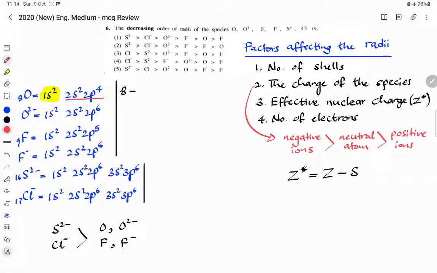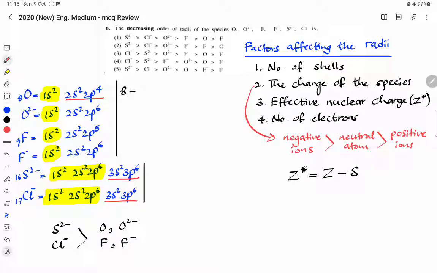So use the same argument for all the species. So I'm going to highlight the inner shells. This will be the inner shell here, and the sulfide and chloride, their last shell is the third one. Therefore both of these are inner shells.